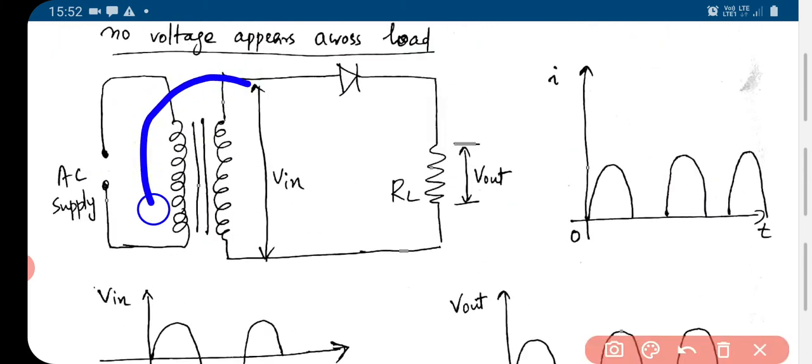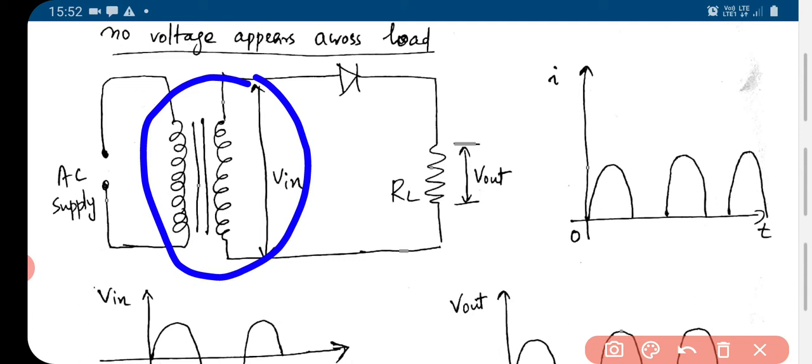Normally we will be stepping down the voltage, because in the power supply the voltage across the diode should not be too high, so we have to step down.